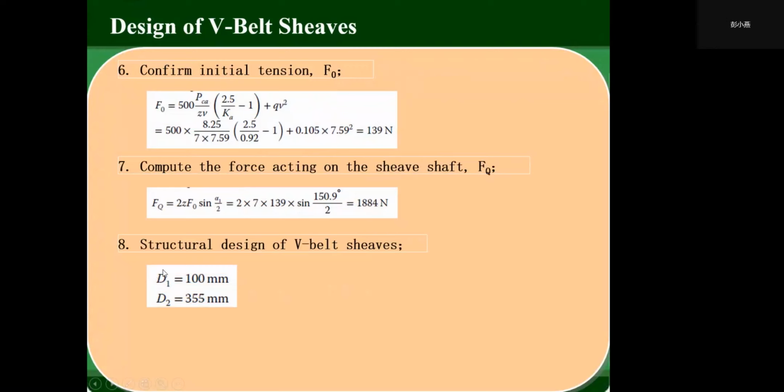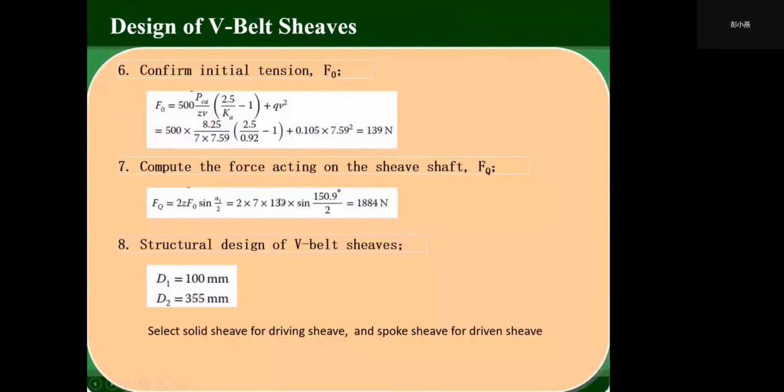We know that for driving pulley, the diameter is 100, and for driven pulley, the diameter is 355. So we can choose a solid sheave for driving sheave because the diameter is smaller. And for this, the diameter is larger than 300 millimeters, so we can choose spoked sheave for driven sheave.